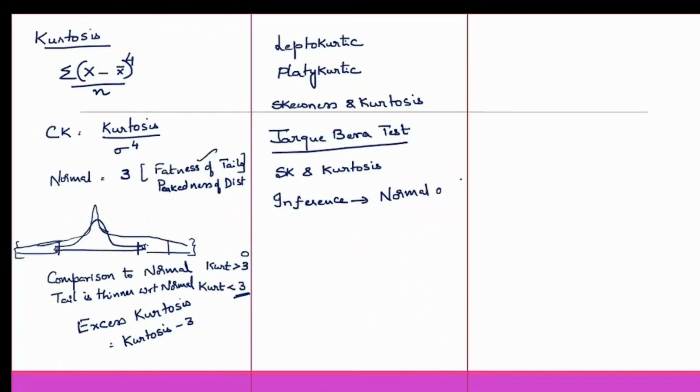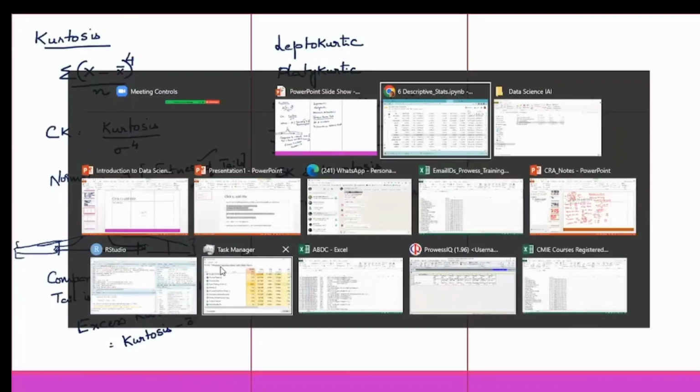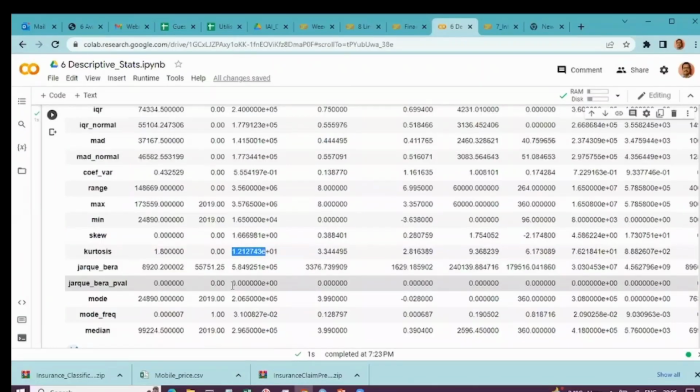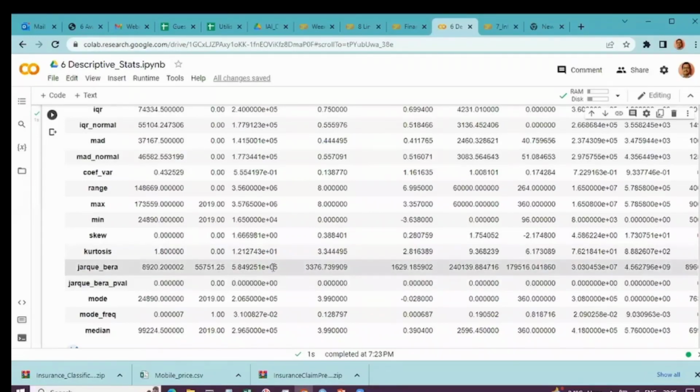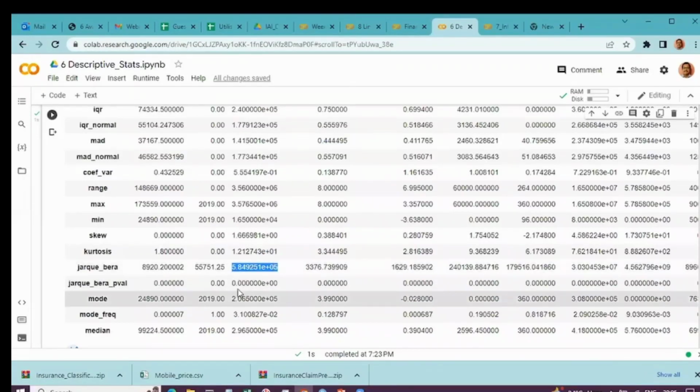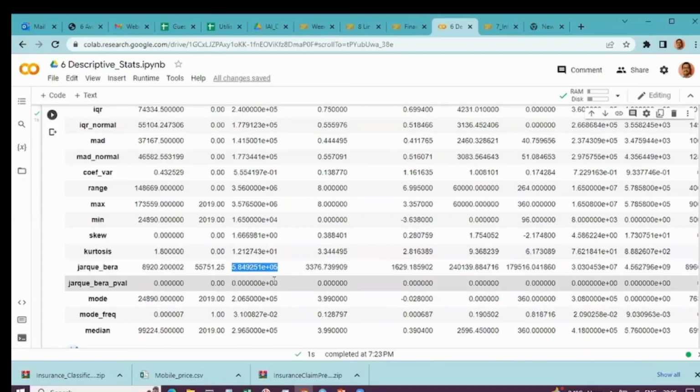So the simple way right now to say whether the data is normally distributed or not is, don't look at the Jarque-Bera value, look at the Jarque-Bera p-value. Right now we are not discussing inferences.